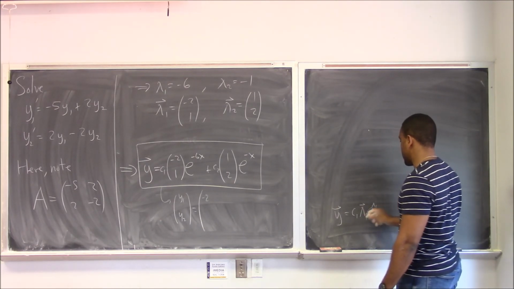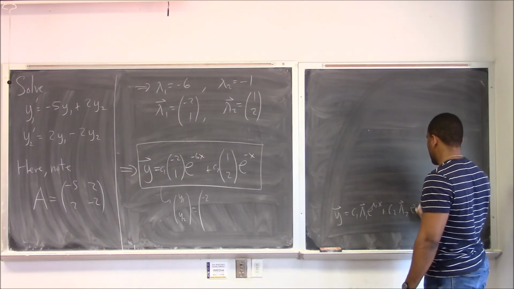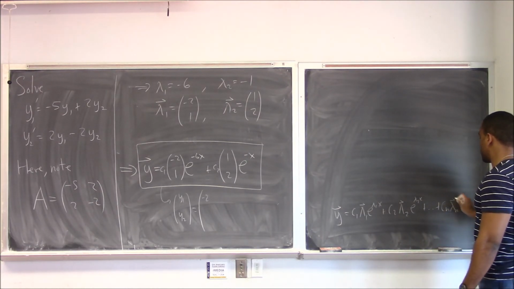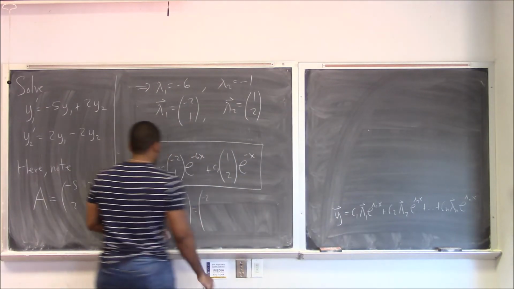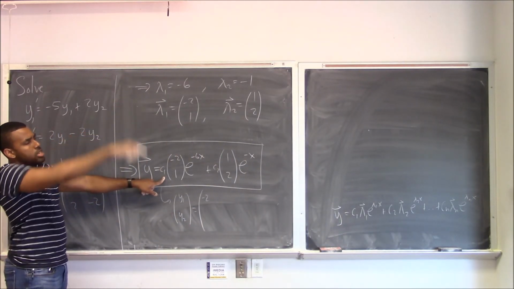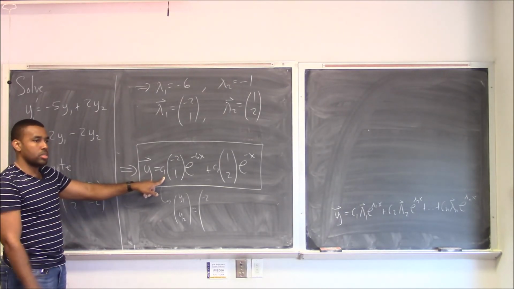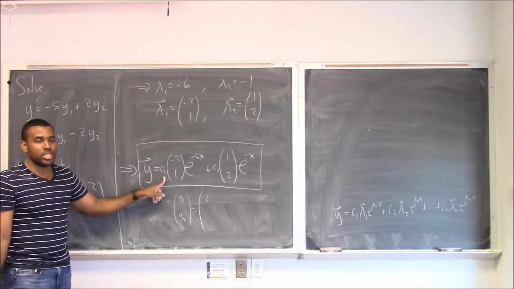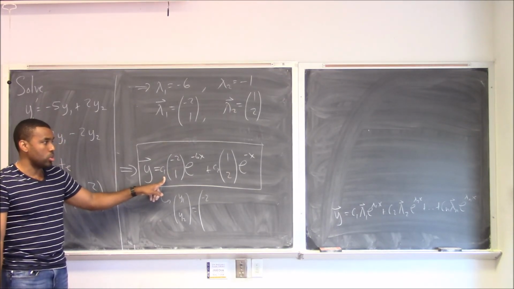So go back and just write like a C1 in front of that, C2 in front of that, Cn in front of this. Right, for the same reasons that I had the Ce to the 3x in the last example, because every constant times the solution will be a solution, because it's a vector space, which in differential equations they wouldn't have told you that, but that's why. So you put a constant here because a constant times any solution will also be a solution.